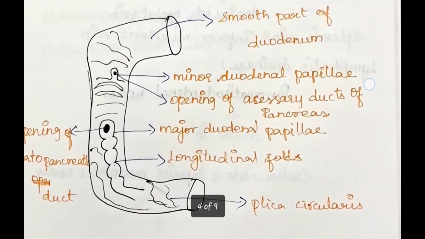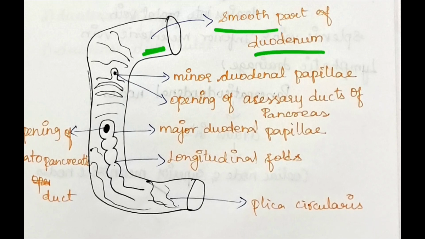Coming to the interior of the duodenum, majorly the first proximal part is the smooth part of the duodenum. Then later the plicae circulares will be presented. And mainly in the second part of the duodenum, we have two openings.